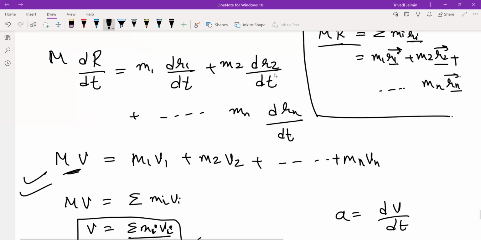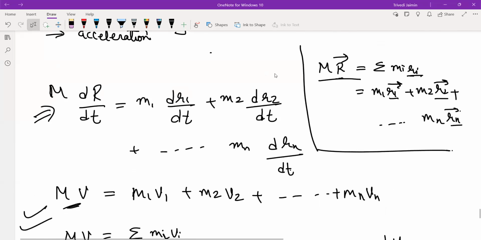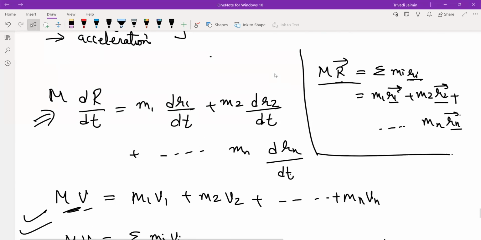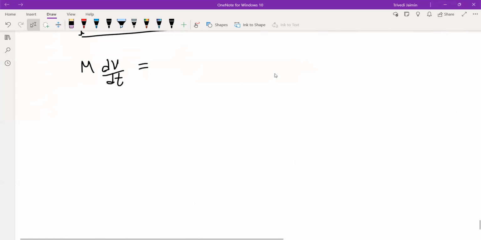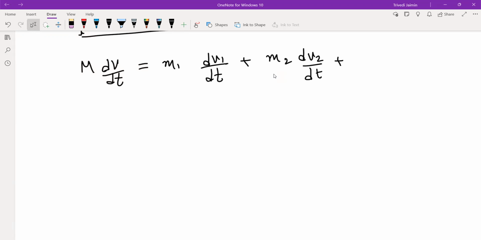See, whatever we did in this case, the same thing we are doing here. We started here to get this velocity. Now we are doing it for velocity to get acceleration. Same: M1 dv1 by dt plus M2 dv2 by dt, and so on, up to Mn dvn by dt.